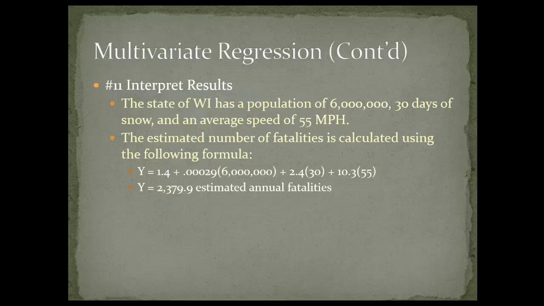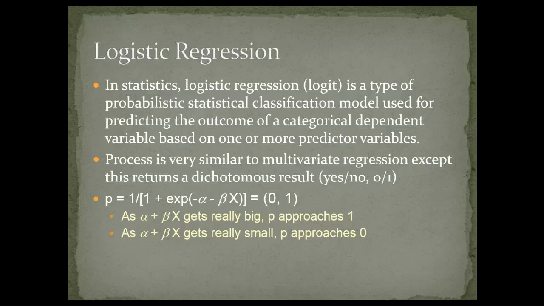That's pretty much multivariate regression in a nutshell, walking through the steps and interpreting the results. Okay, next we're going to explore logistic regression. And logistic regression, I'll refer to it as logit, is a type of probabilistic statistical classification model used for predicting outcomes of categorical dependent variables.